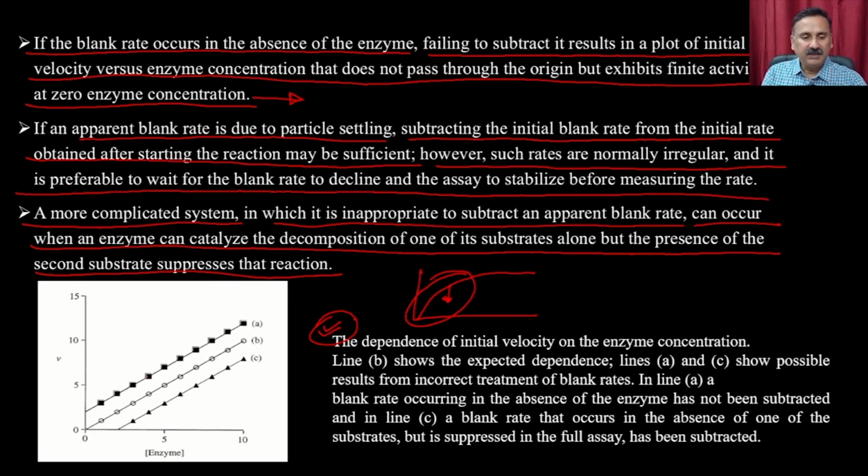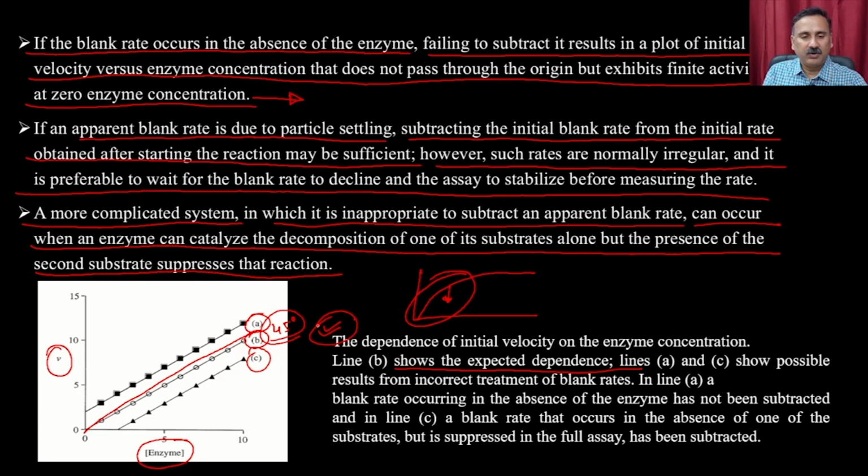What you see here is how the enzyme concentration is going to change the rate of product formation. In the line B, so there are three conditions, A, B, and C. B shows the expected dependent line, which means it is going to show you linearity at a 45-degree angle.